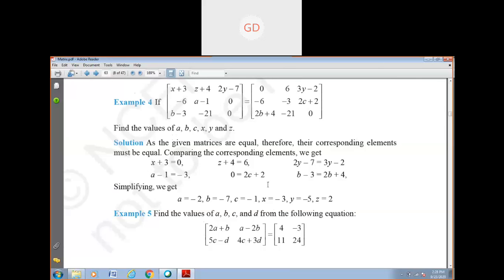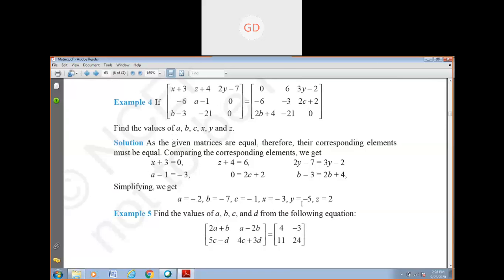So from this simple linear equation of single variable, we can have the values directly, and the values are like this: a equal to minus 2, b equal to minus 7, c is equal to minus 1, x is equal to minus 3, y is equal to minus 5, z is equal to 2.